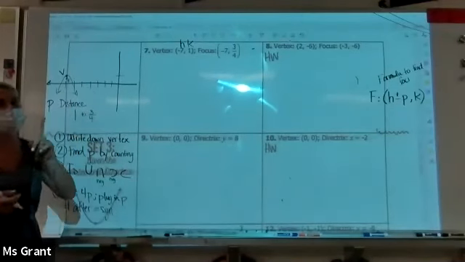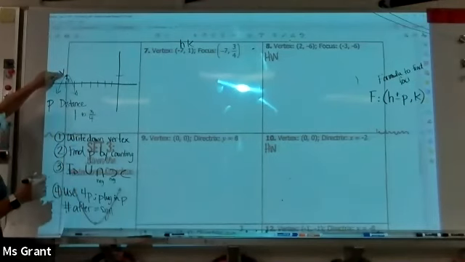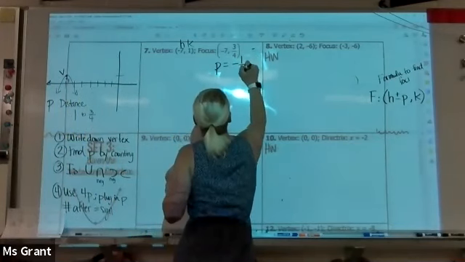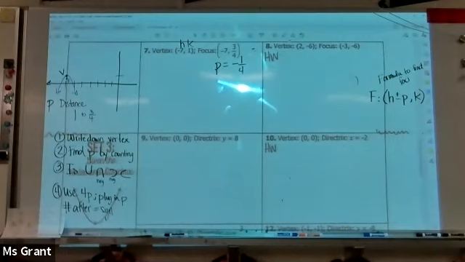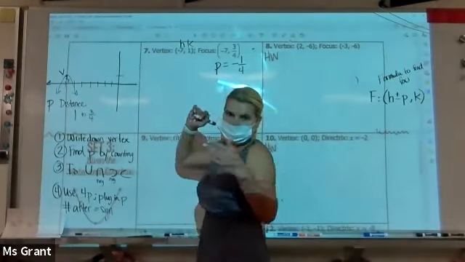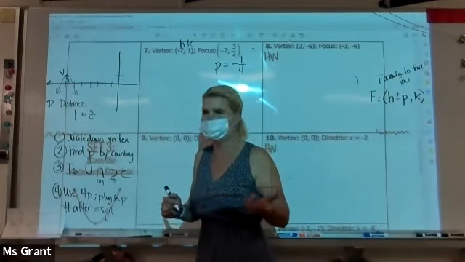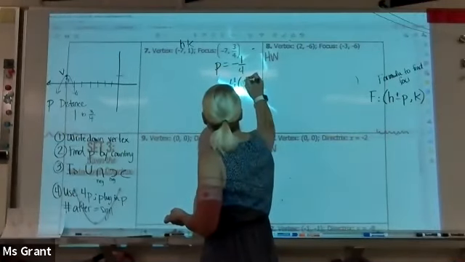Which means, first of all, I know that it's going to be negative, but also from my vertex, I went down 1/4. My P is going to be minus 1/4. The negative sign gives me the indication that it either opens left or down. So from my vertex, I had to go down to get to my foci. That's why it's minus 1/4. Now I have to do my 4P.